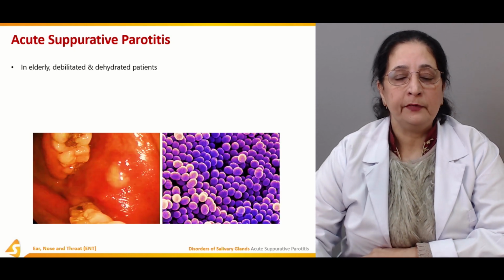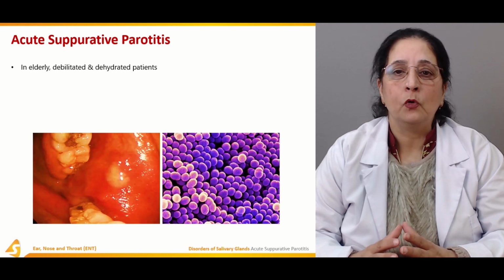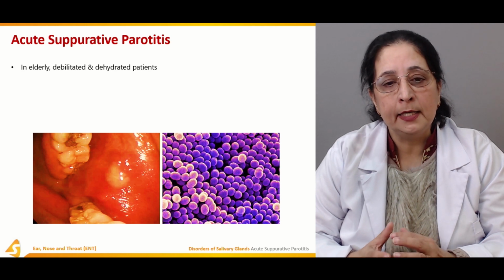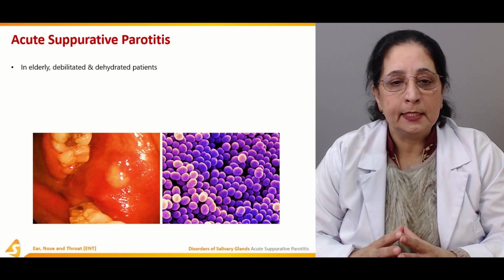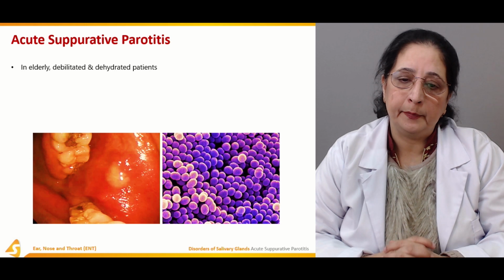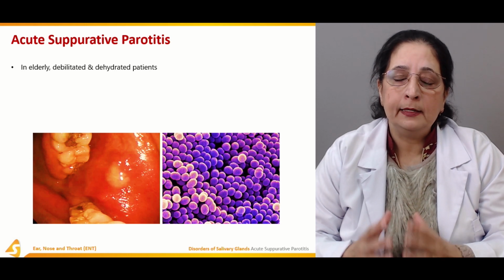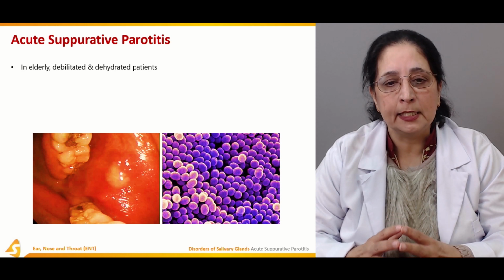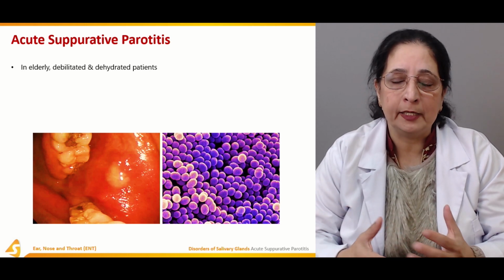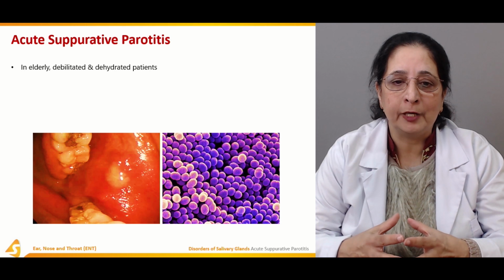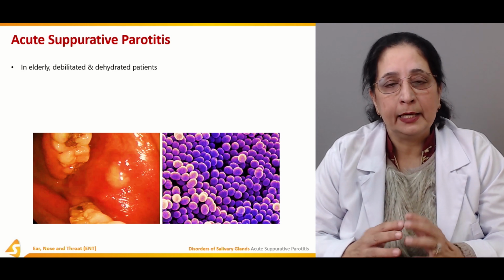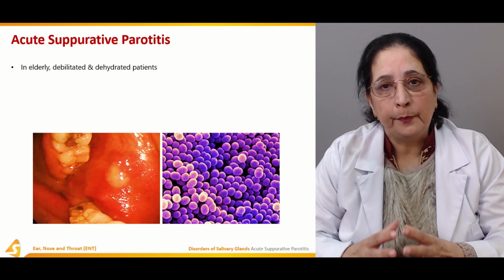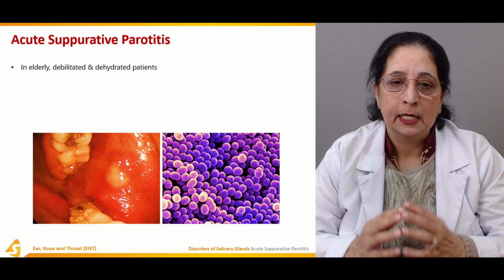Acute suppurative parotitis is more common in elderly, debilitated and dehydrated patients. So elderly patients who are weak and debilitated and also dehydrated, who are not fully hydrated, can have acute suppurative parotitis.